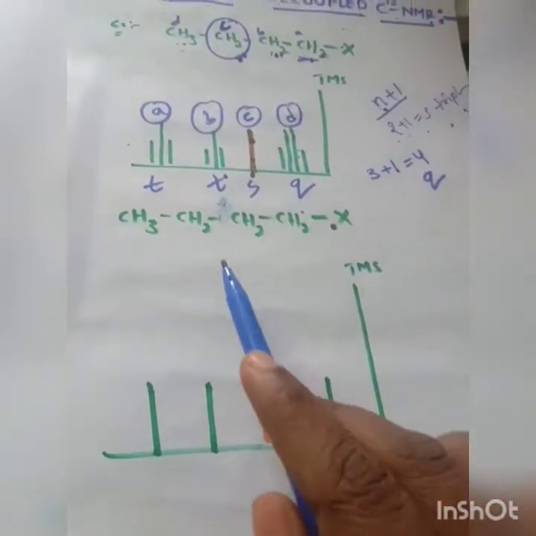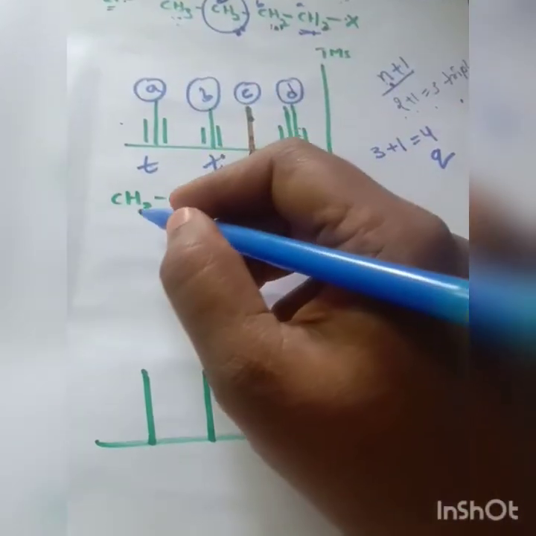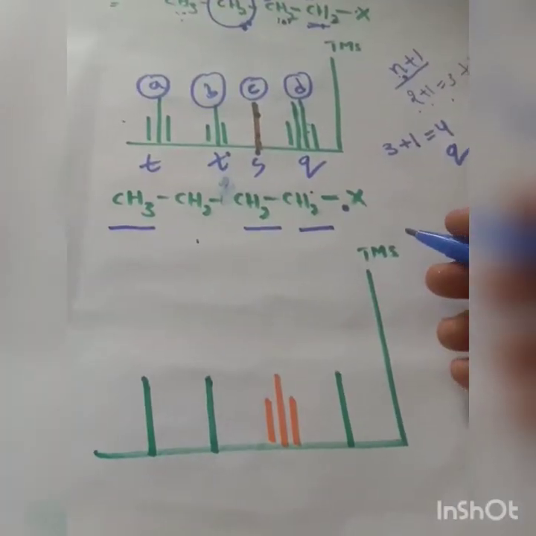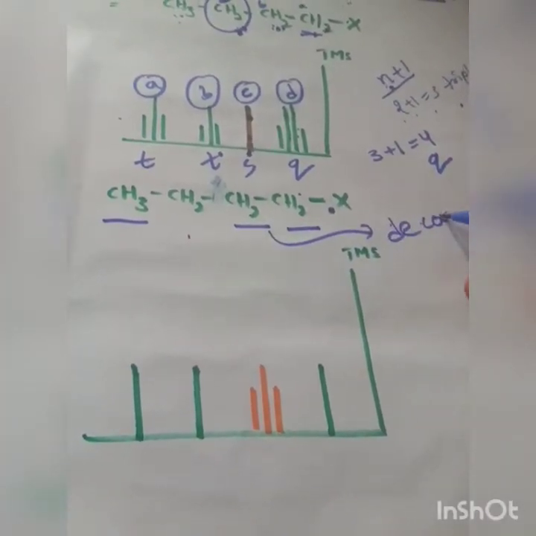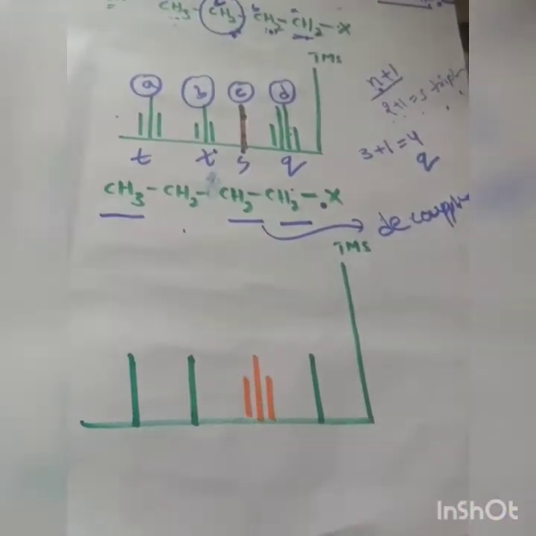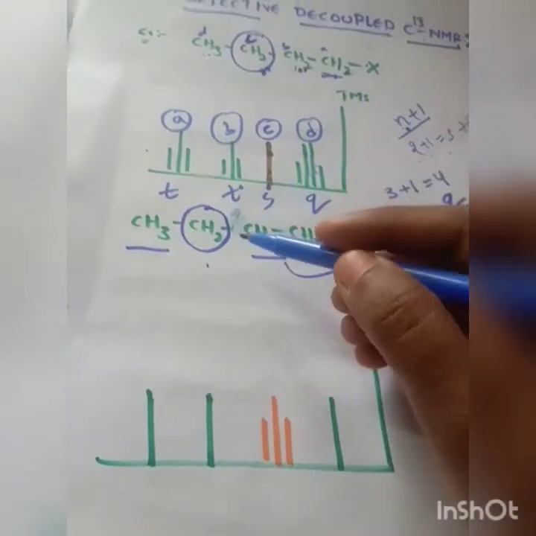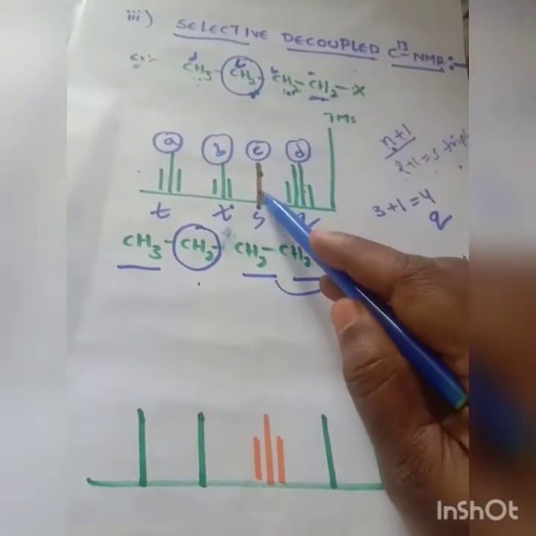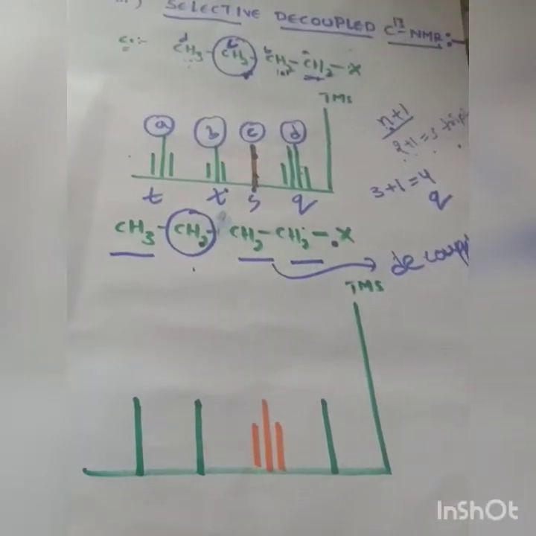Here, except the C type of carbon, all the remaining carbons undergo decoupling and give singlets. The C type carbon, which we selected in the first example, gave a singlet there, and here it gives a multiplet.